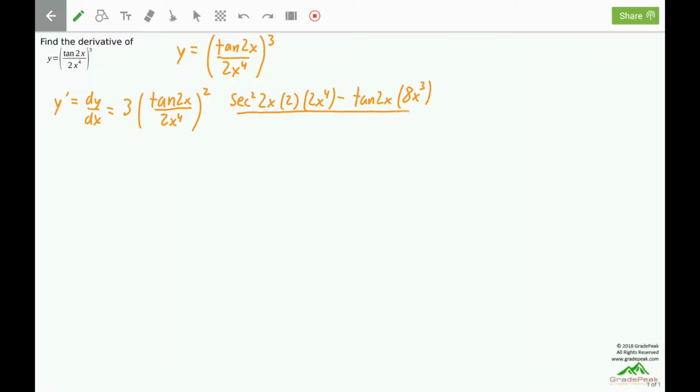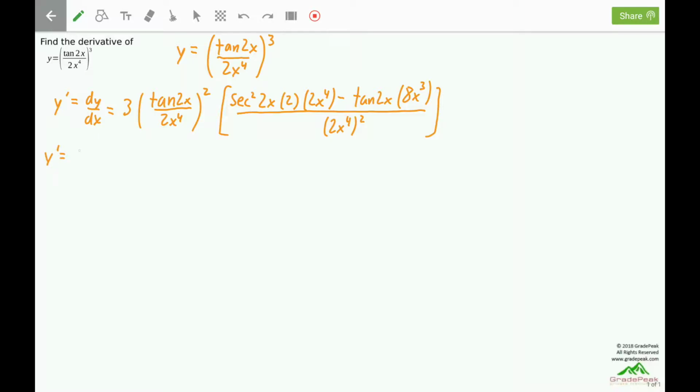All of this divided by the denominator squared, so 2x to the fourth quantity squared. And all of these are being multiplied with each other, so I'll put square brackets around that for now.